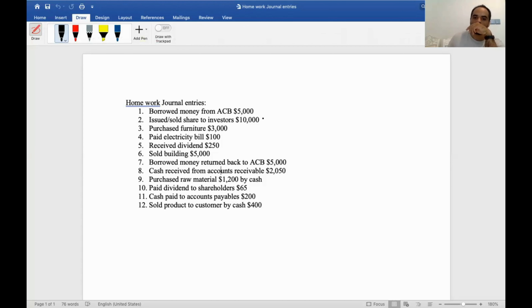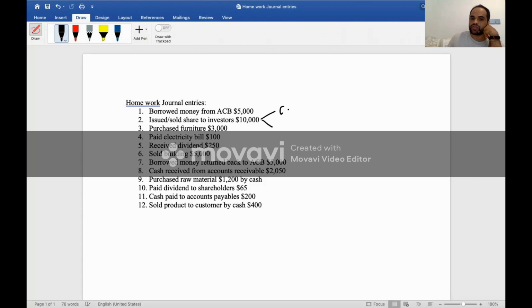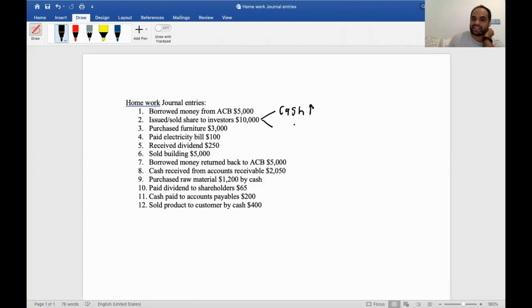Sold share. Which two accounts are affected? When you sold share, what do you receive? You receive cash increase, right? Second thing, most students write sales here because they think sold.